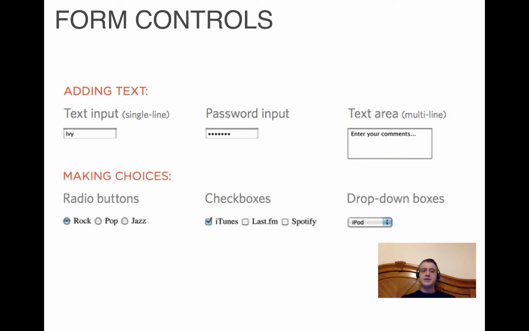There's other sorts of form inputs. For example, there's what they call radio buttons, and that's kind of like buttons on a radio where you can only select one channel at a time. You can't select two channels at the same time, which is different than checkboxes. Whereas with checkboxes, you can actually select multiple ones, like which do you like, check all that apply.